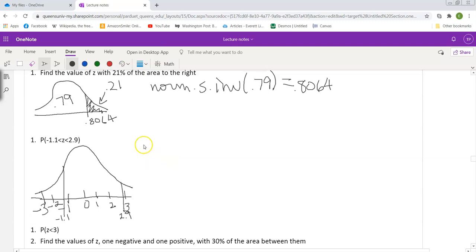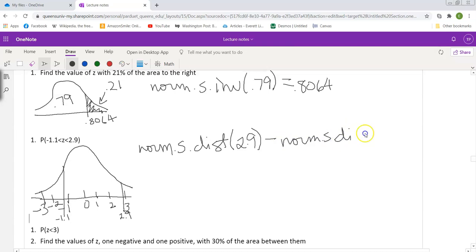So to do that, we're going to do NORM.S.DIST of the bigger one minus NORM.S.DIST, and don't forget your comma true, of the smaller one.